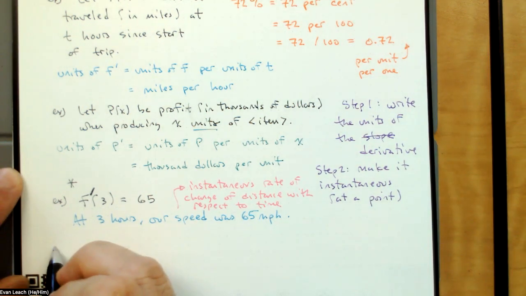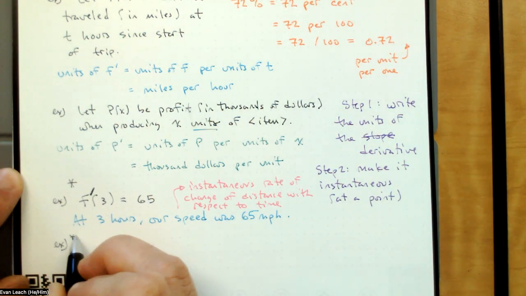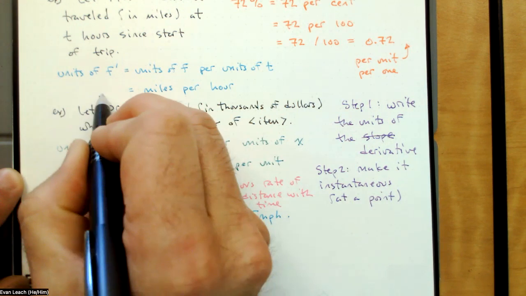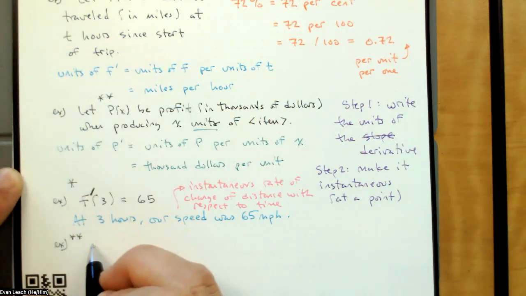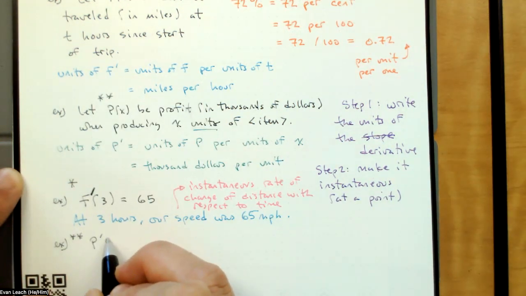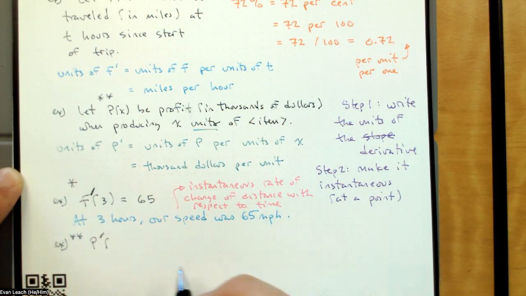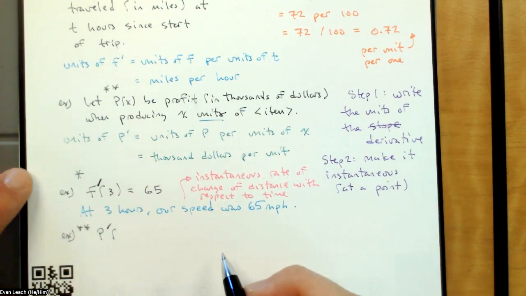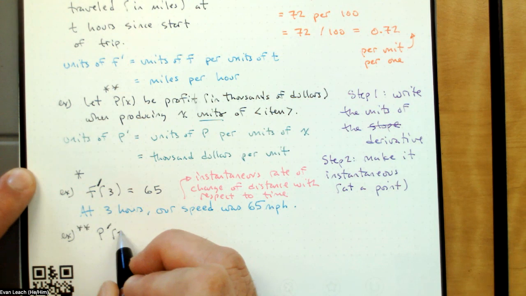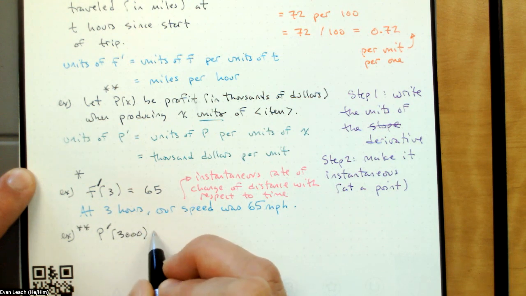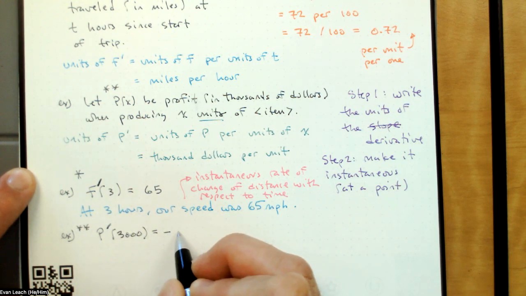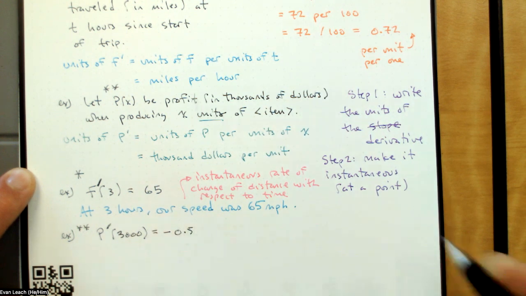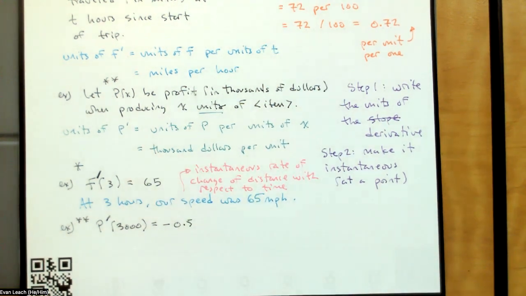So for example, using the second one, if we see a statement like P prime of 3,000 is negative 0.5.